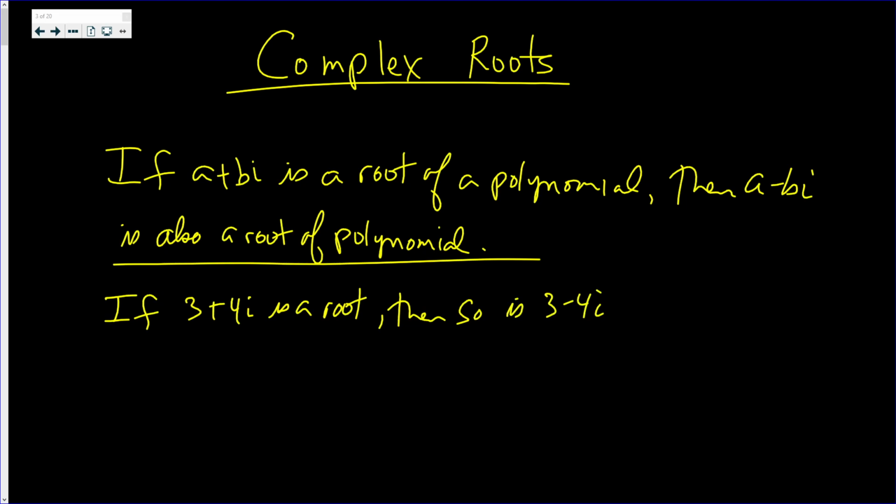And for the record, if 3 minus 4i is a root, then 3 plus 4i is another root. They come in what's called conjugate pairs.